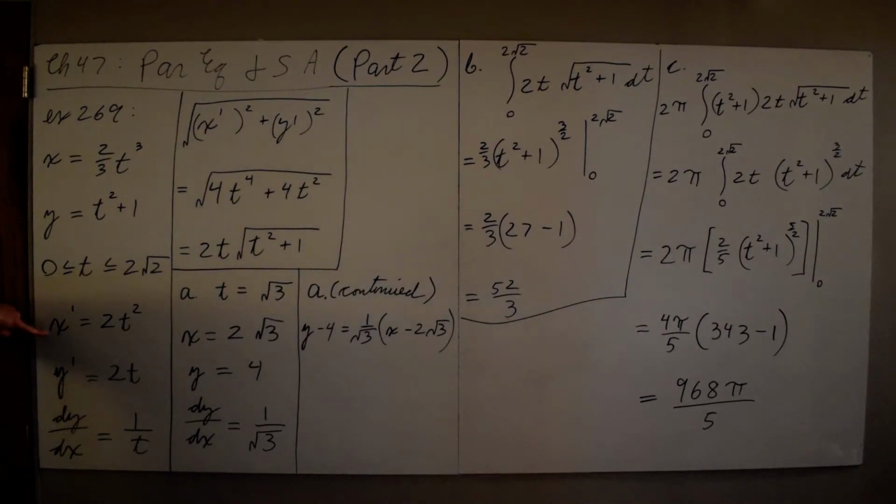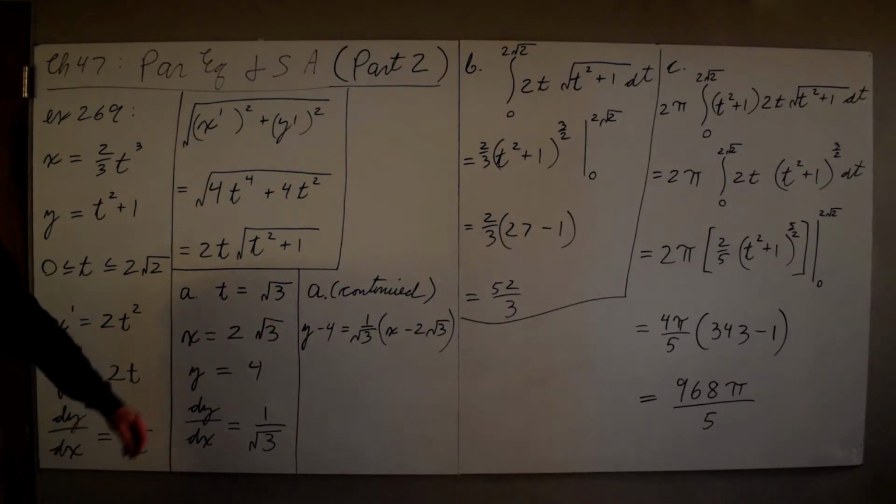So we have the derivative of x with respect to t is simply 2t squared. The derivative of y with respect to t is 2t. And the derivative of y with respect to x, the dy/dx, is y prime divided by x prime, which is 1 divided by t.